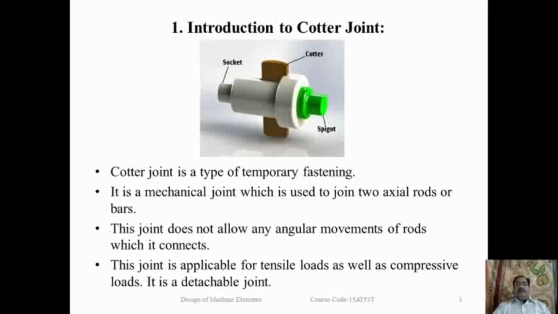This joint is applicable for tensile loads as well as compressive loads. See, on the Cotter joint, the tensile loads as well as compressive loads are applied. So this joint is applicable for tensile loads as well as compressive loads, and it is a detachable joint. That's why it is known as temporary fastener.